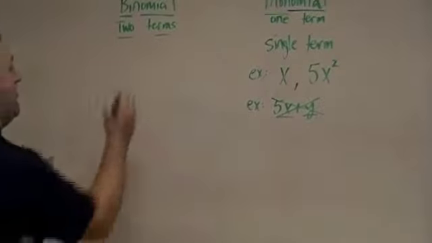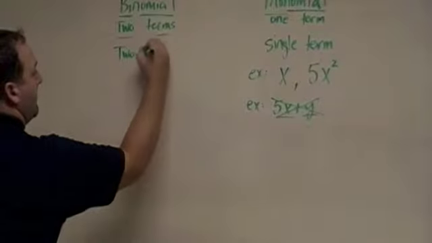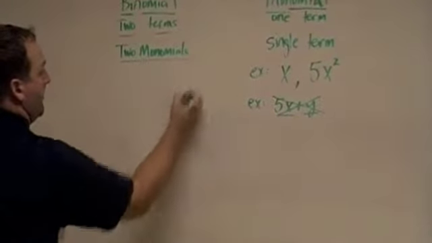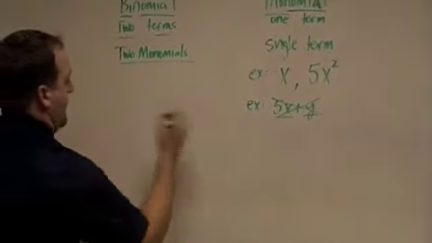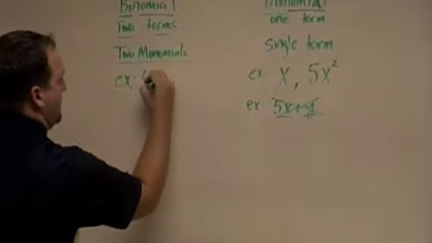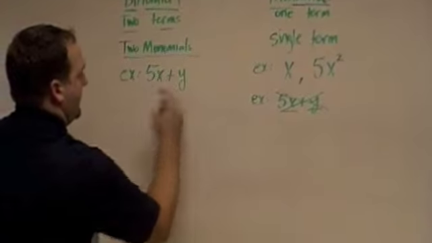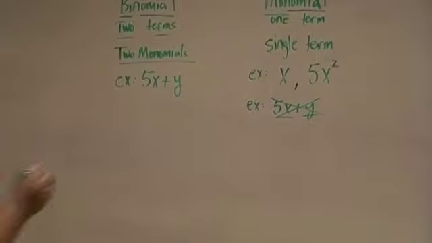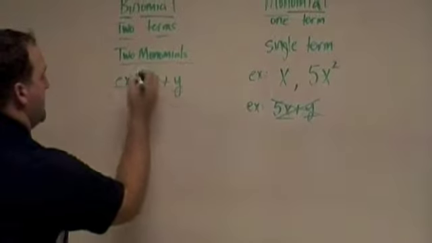Basically, it's two monomials. So the example that we had before of 5x plus y would work perfectly. Monomial plus or minus a monomial makes a binomial. Two terms. This is a term, this is a term.